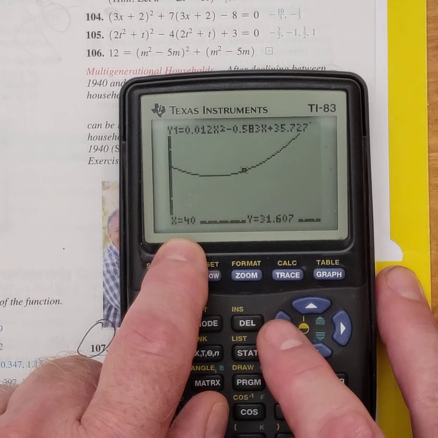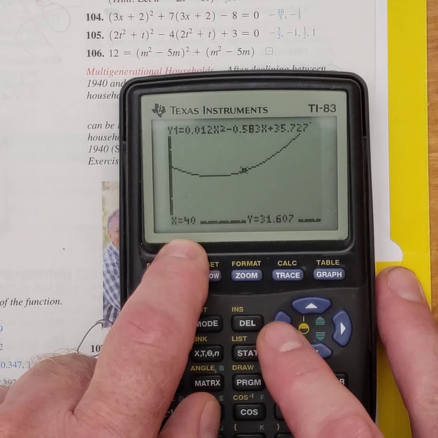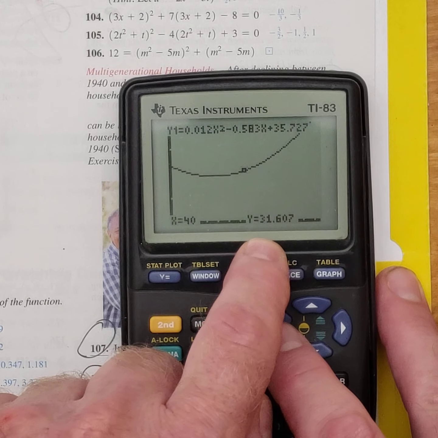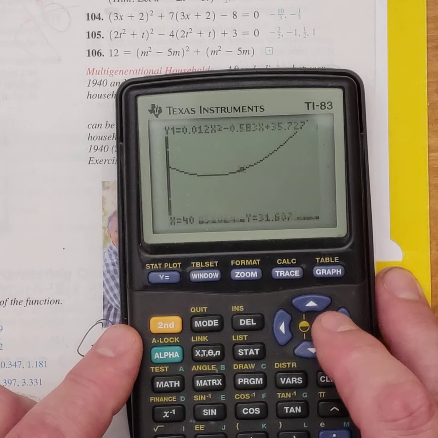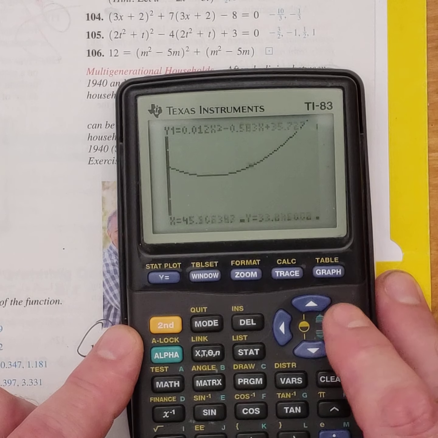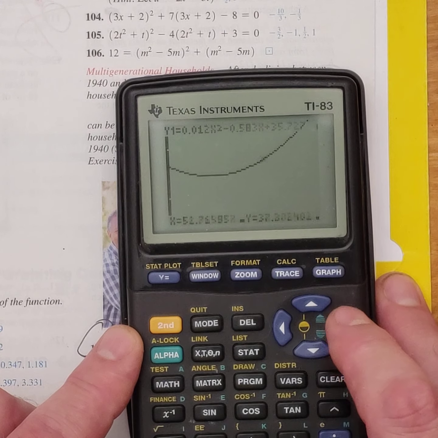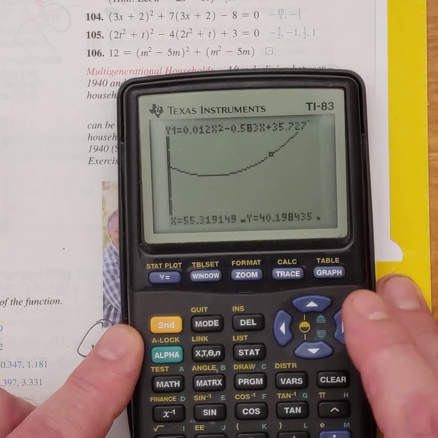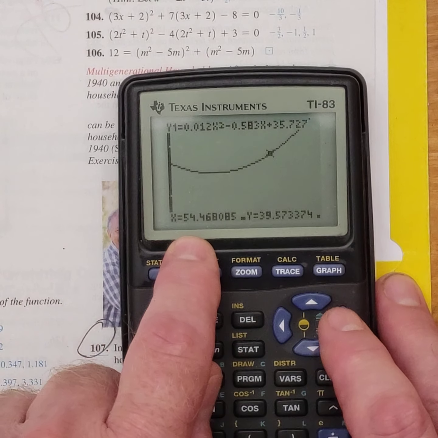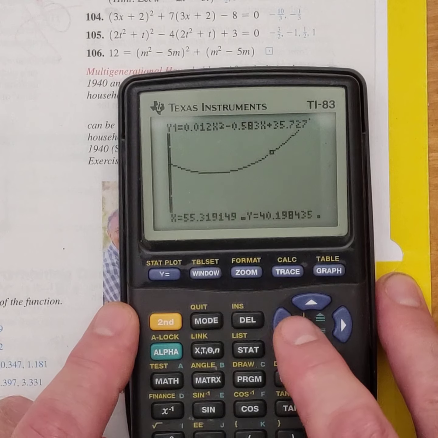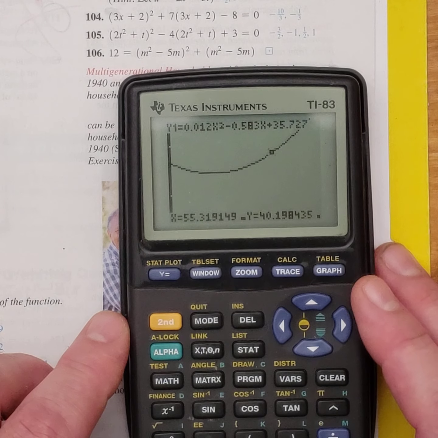When x is 40, which is 40 years after 1940 or 1980, there were 31.6 million households. I can continue to do that and keep going to find when we get to 40, and it looks like it's somewhere between 54 and 55, so somewhere around 1995.